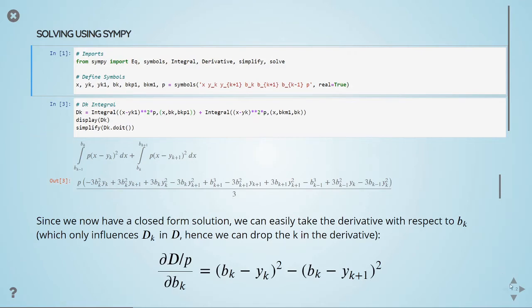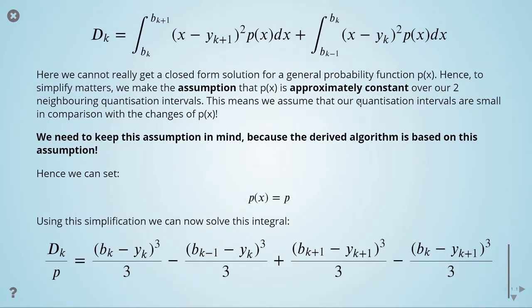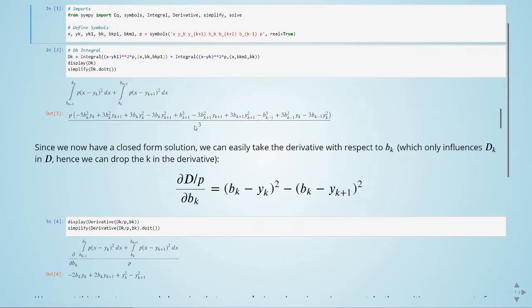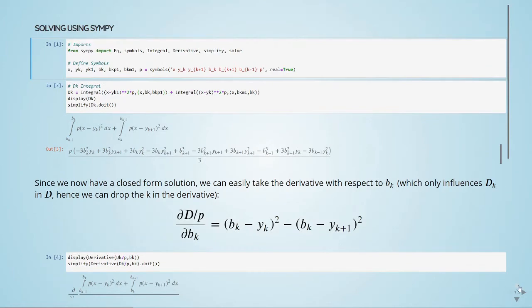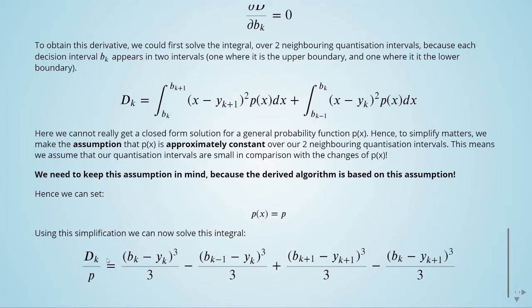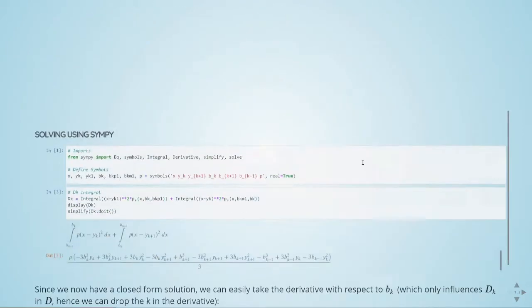So it's the same thing we just solved using SymPy from here to here. Now we have a closed form solution of this integral here that is given by this equation here, which is the same as what we've seen here. This is the non-expanded form, and this is the expanded form.